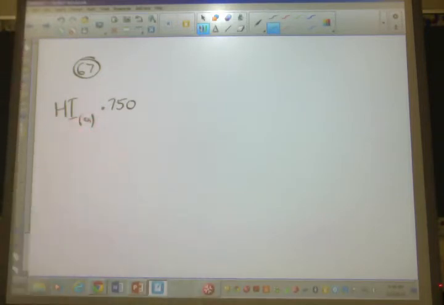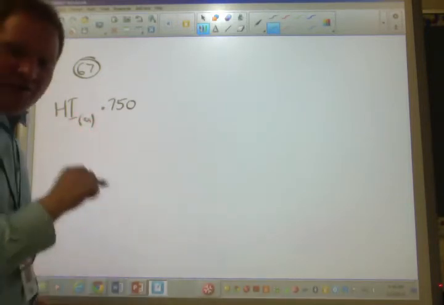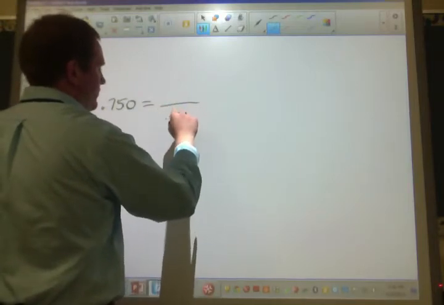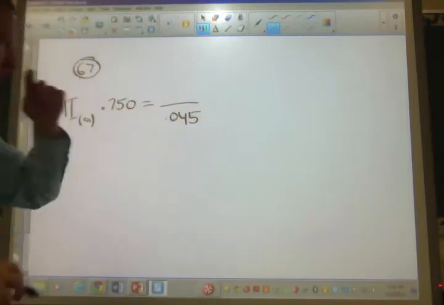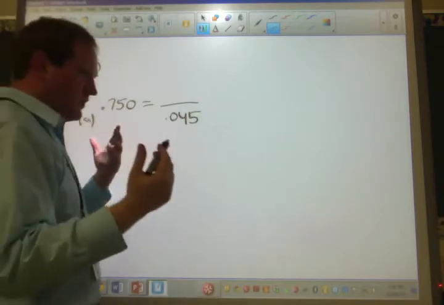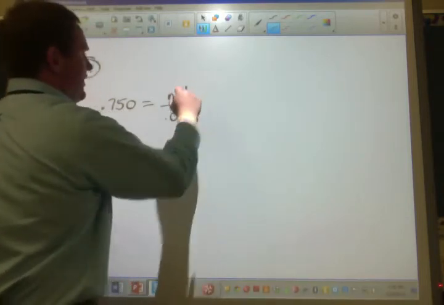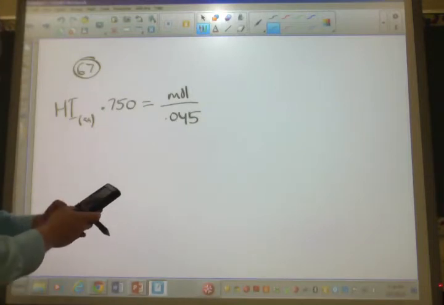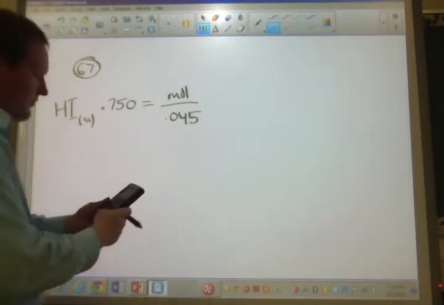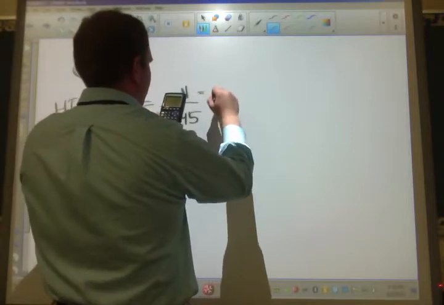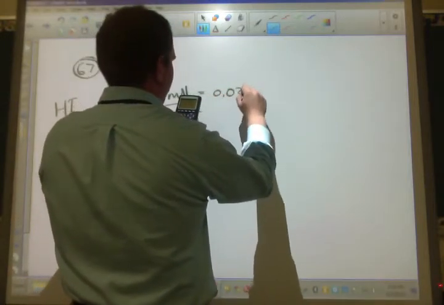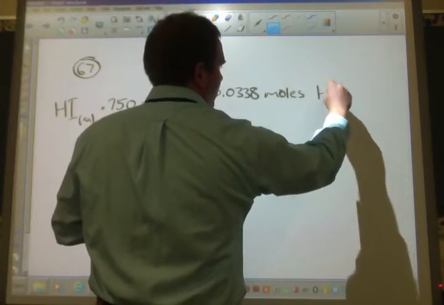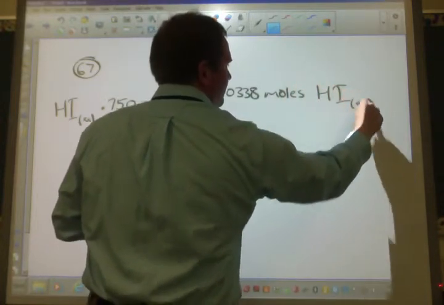Okay, that's the molarity, and I have 45 milliliters of it. So that's 0.045 liters. And I'm looking for moles, so we're going to multiply 0.045 times 0.750, which gives me 0.0338 moles of hydroiodic acid.